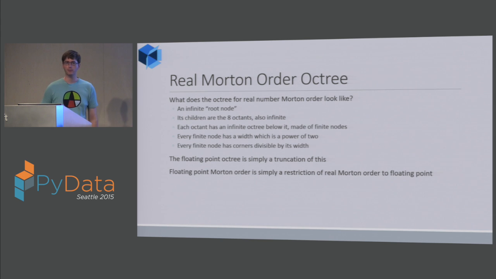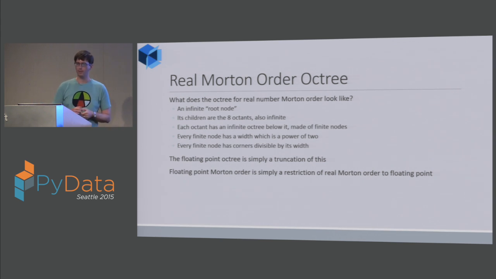We had this correspondence with an octree before, the integer coordinates, integer octree. So what does the octree for this real Morton order look like? You get a root node that's infinite, covering all of real space. Then it has 8 infinite children that are the 8 octants of your real space, in the 3D case.